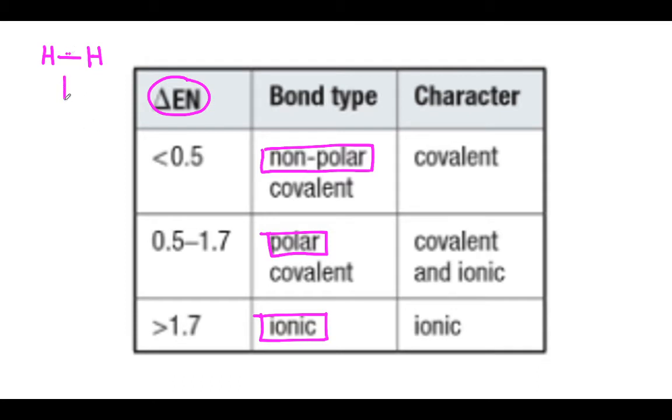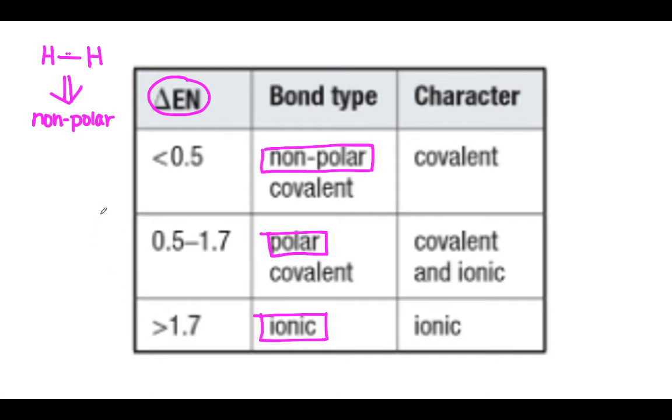And this is an example of non-polar. Another word that I use to describe non-polar is equal. So instead of saying non-polar covalent, I can, in my brain, say equal sharing. Those two elements are sharing those electrons equally with the same strength.